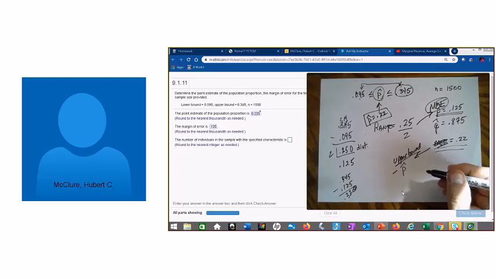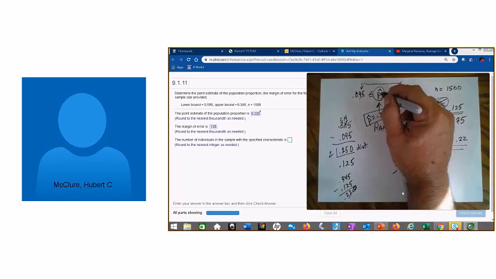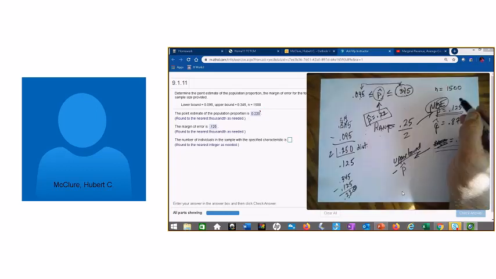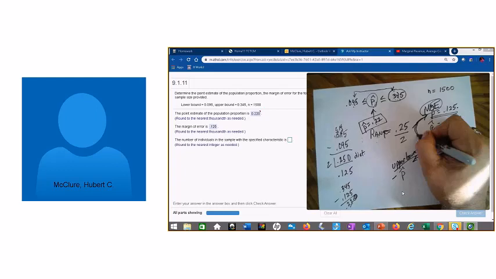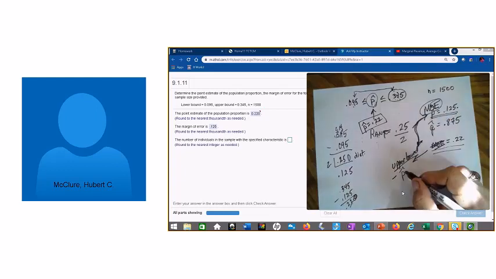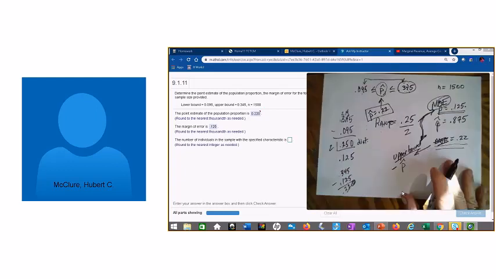Now, take that away from this, and you'll get your 0.125. So 0.125, margin of error, would be your upper bound minus p hat.